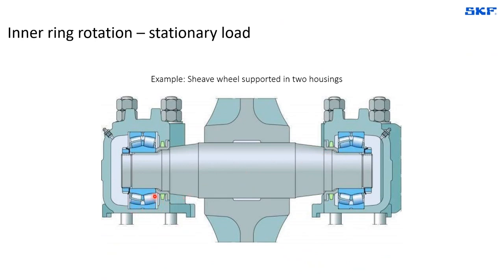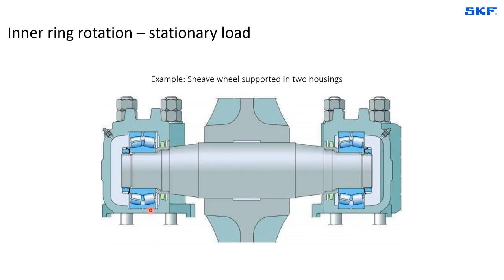In this drawing, we can clearly identify the bearing in the non-locating position because there is a space for the outer ring, this stationary outer ring, which is not rotating, of course, and it has the possibility to displace in axial direction when the temperature differences require the bearing to do so.